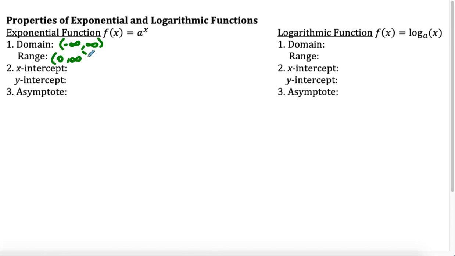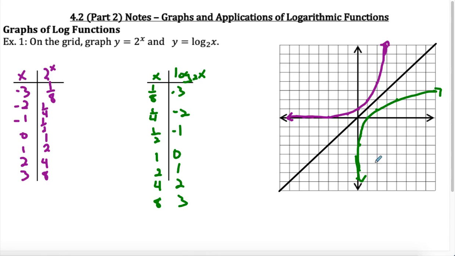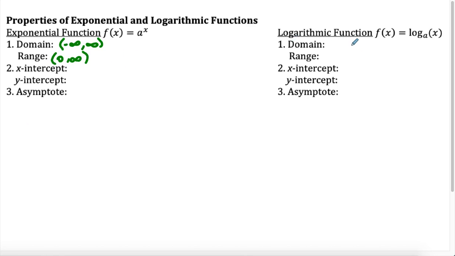And again, that's before we perform any shifts. If we look at our pictures then, what that means for a log is the domain is just going to be 0 to infinity, but the range will be all real numbers. And that's true of any inverses. I would literally just switch the domain and the range if two functions are inverses of each other.